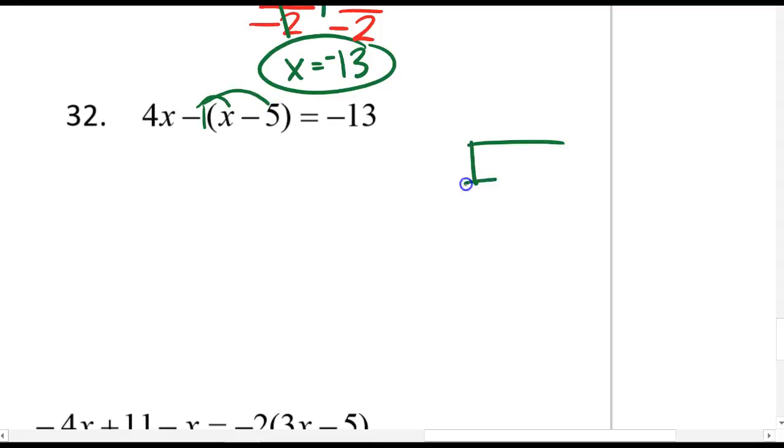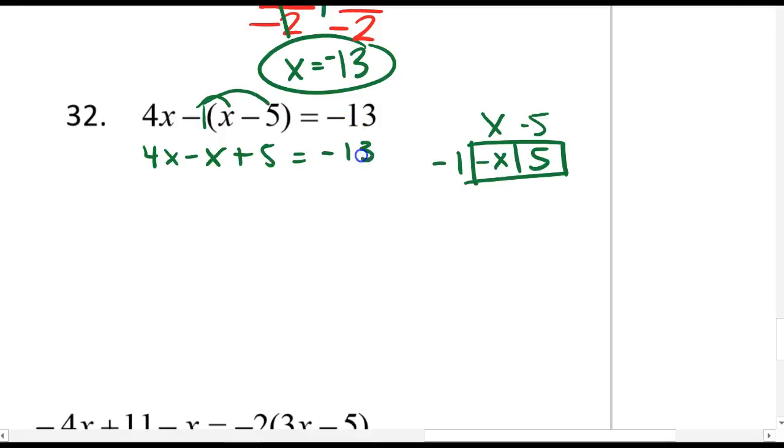So over here on the side, if I do my rectangle, it's negative 1 times x. Don't forget that 5 is negative, so it's negative 5. So negative 1 times x is just negative x. Negative 1 times negative 5 is positive 5. Okay, so I'm going to bring down the 4x. Okay, and then we have negative x, or minus x, plus, because it's positive 5, equals, and then just bring down the negative 13.